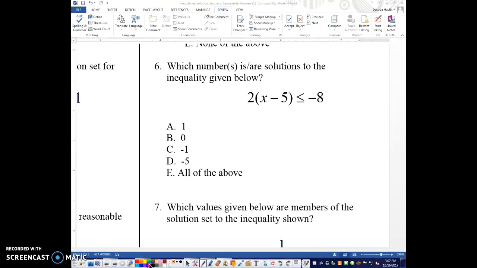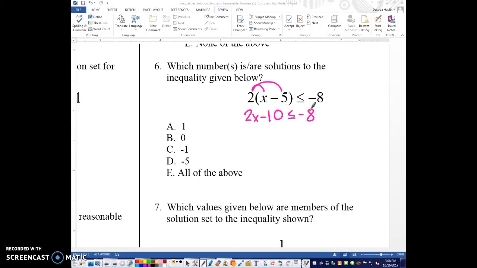It says, which number or numbers is/are solutions to the inequality given below? So, first step, can you distribute? Oh yes, we can. 2 times x is what? 2x. 2 times negative 5 is what? Negative 10. Less than or equal to negative 8.